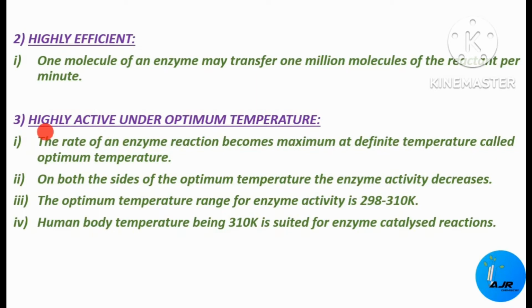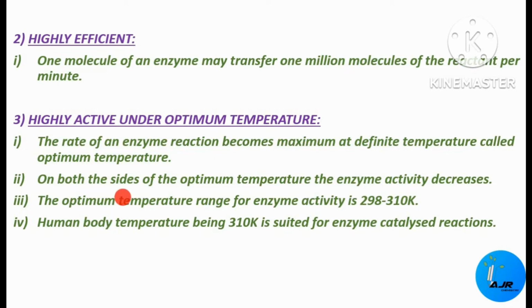Let us move on to the next important point: enzymes are highly active under optimum temperature. What do you mean by optimum temperature? The rate of an enzyme reaction becomes maximum at a definite temperature called the optimum temperature.